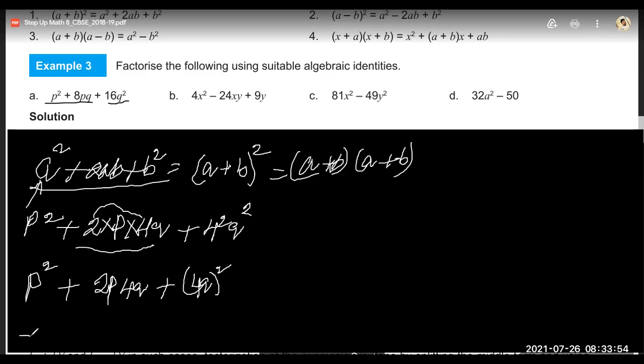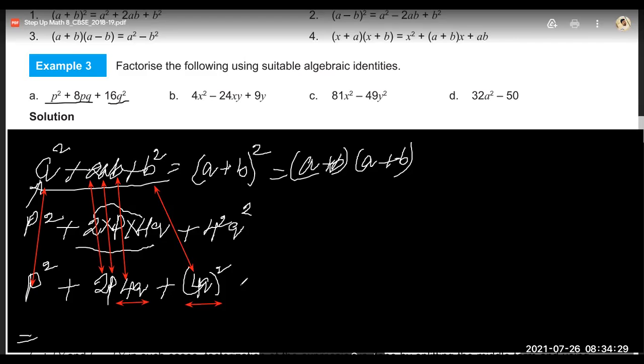Now compare it with the given identity: a square, 2ab, b square. In place of a, we have p, and in place of b, we have 4q, and whatever we have taken here, its square will come here too, and this is matching. So all the terms are matching with the pattern of the a plus b whole square identity.